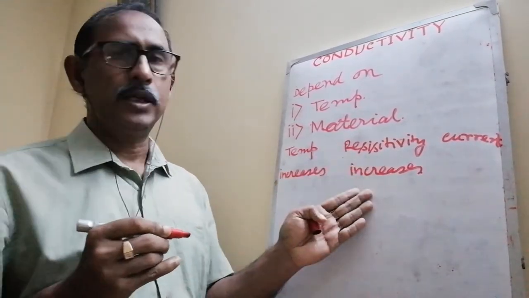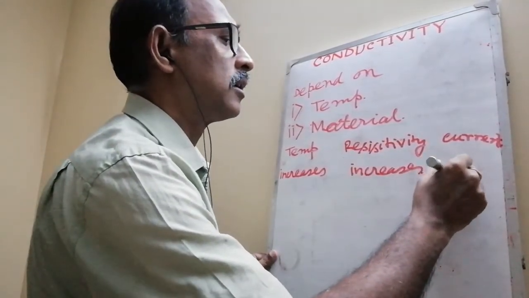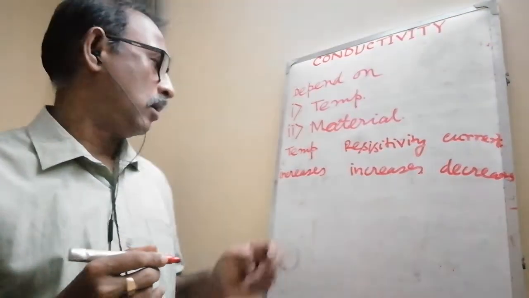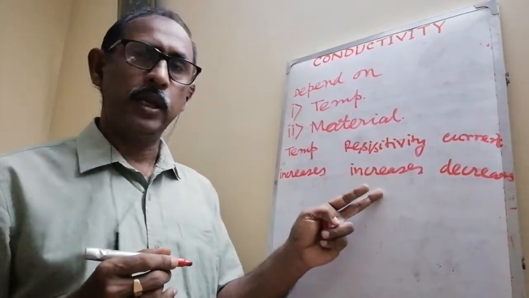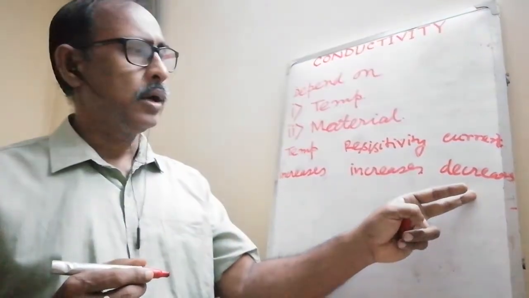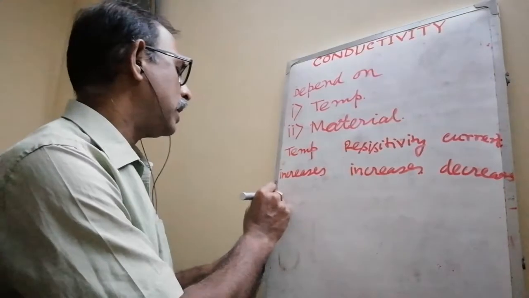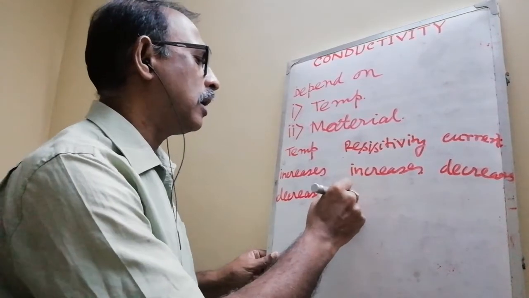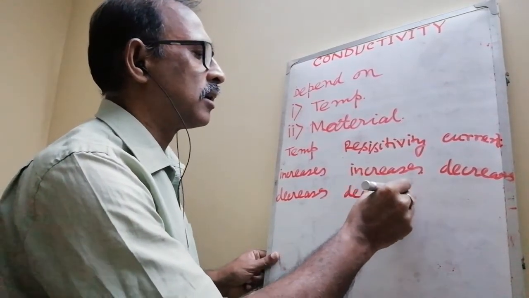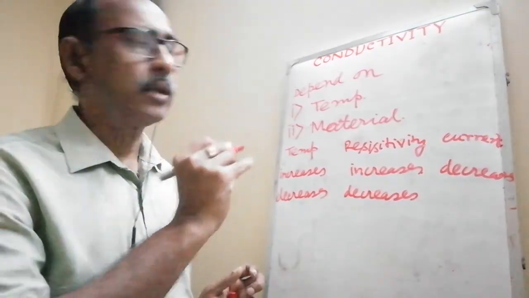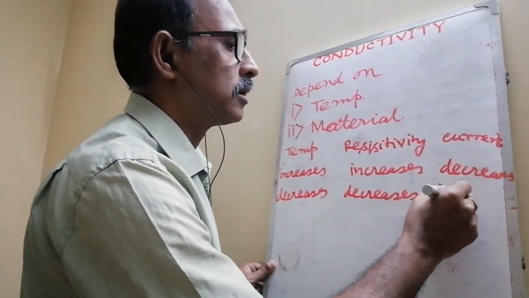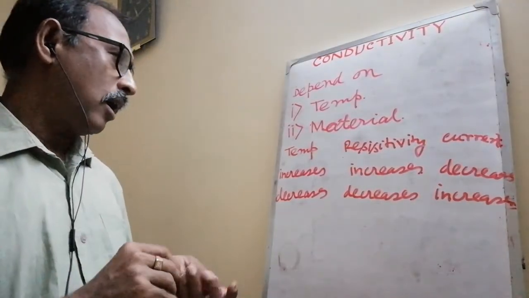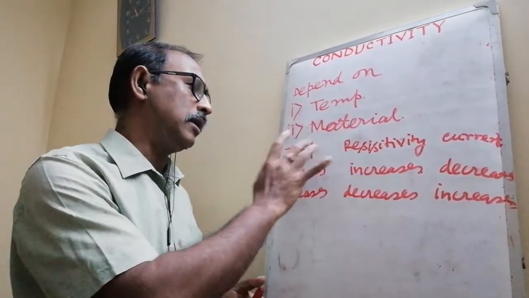If the resistivity increases, current decreases. Temperature increases, resistivity increases, then the current flow through the conductor decreases. If temperature decreases, then resistivity also decreases. If the resistivity decreases, then current increases. That is how resistivity depends on temperature.